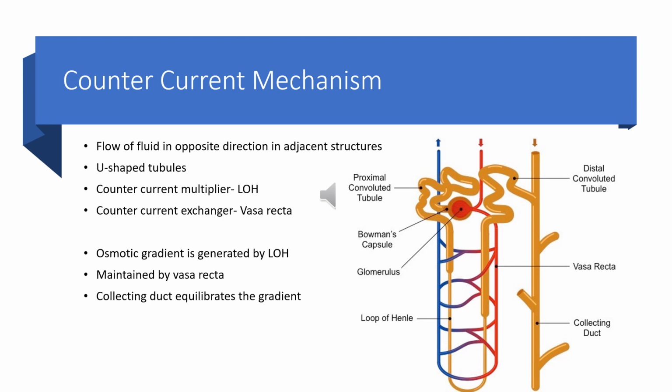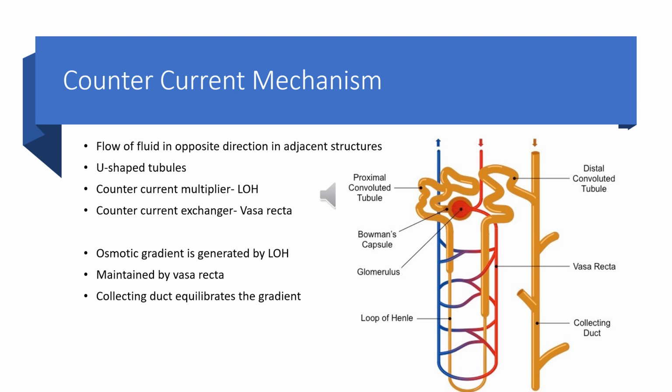Here the countercurrent mechanism involves a countercurrent multiplier and a countercurrent exchange. This countercurrent multiplier is formed by the loop of Henle and the countercurrent exchange is formed by the vasa recta. And this countercurrent mechanism is responsible for the development of the medullary gradient and also its maintenance, and the hyperosmolarity of interstitial fluid in the inner medulla.